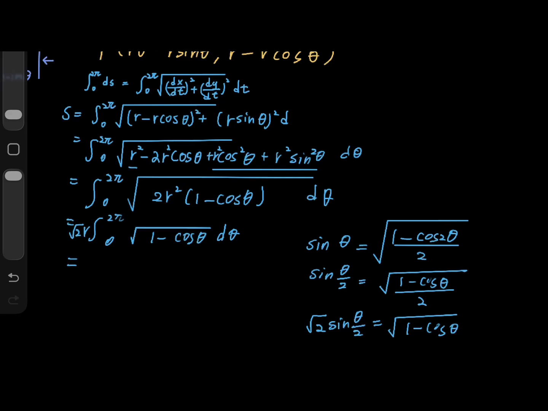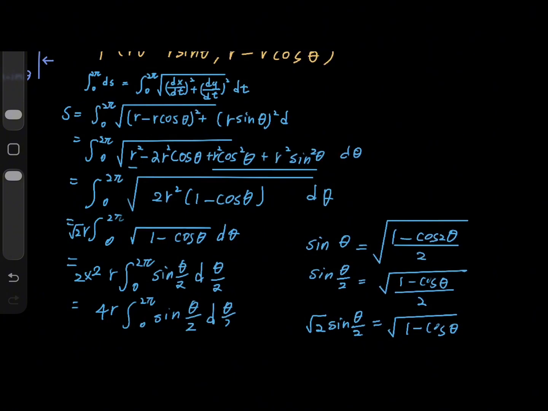Let's substitute these in here. The square root of 2R square is 2R times the integration from 0 to 2 pi of sine theta over 2 d theta, which we can divide by 2 here, so times 2 will be 4R, integration from 0 to 2 pi of sine theta over 2, d theta over 2.